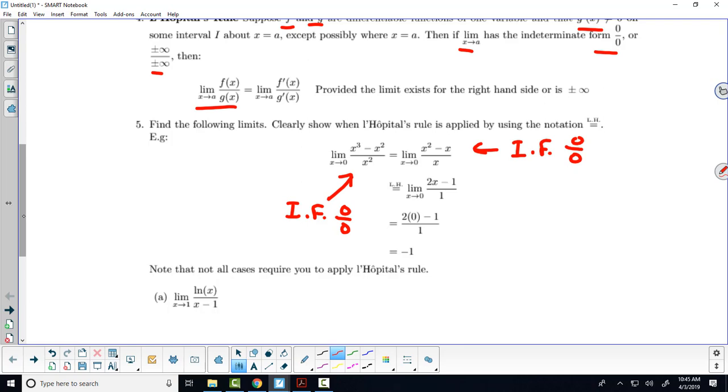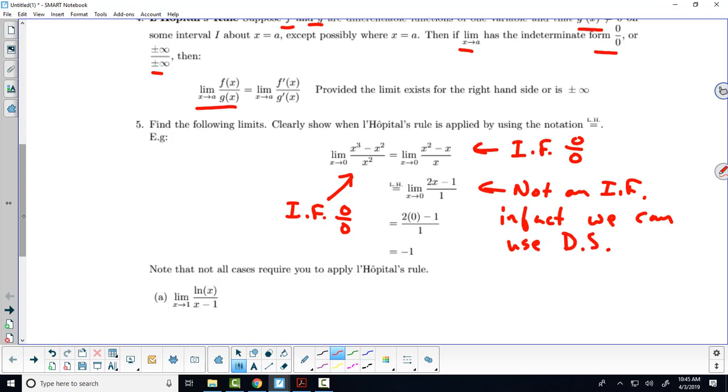Did it help us? Oh, yes. This no longer has an indeterminate form. In fact, we can use direct substitution on the second limit. So let's actually apply direct substitution to this, and we evaluate the limit.